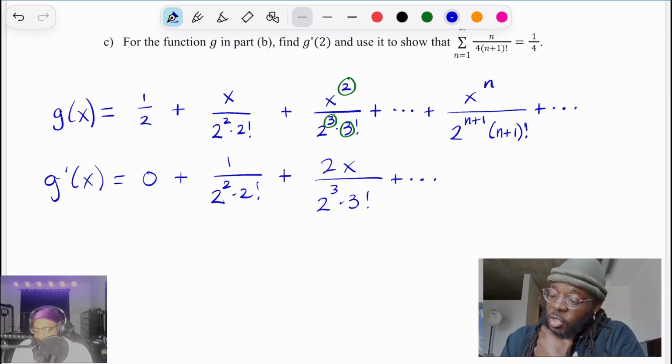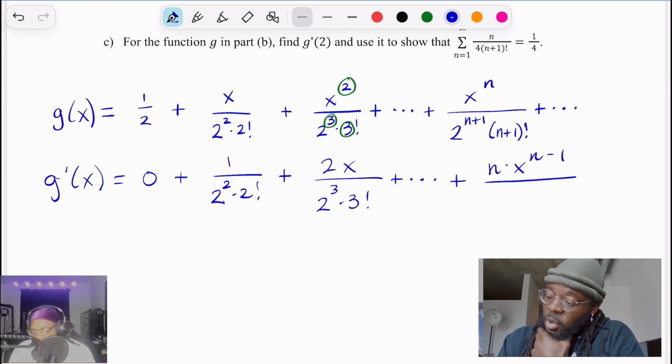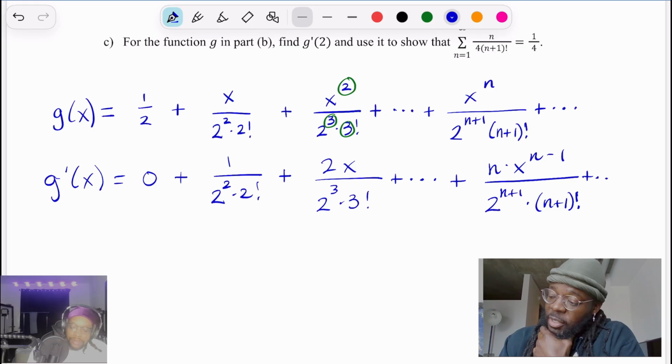And when I get to my general term, I have n times x to the n minus 1, all divided by 2 to the n plus 1 times n plus 1 factorial, plus dot, dot, dot. The reason I can do that is because I'm differentiating with respect to x, so all those n's are treated like constants.